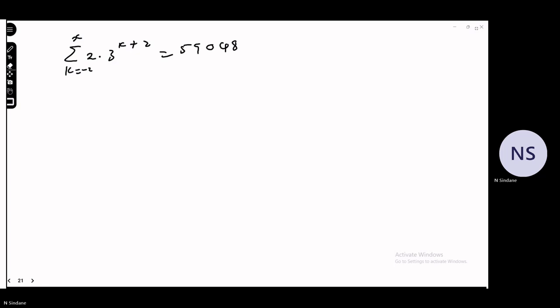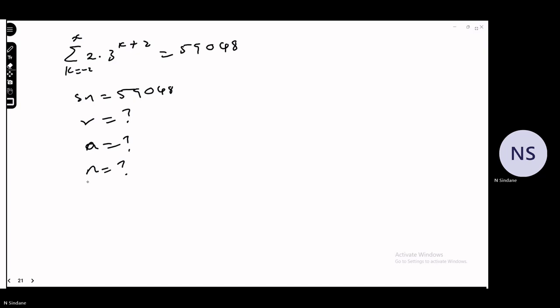But we can't calculate the value of x if we don't know the value of a and if we don't know the value of r. So we're given Sn is equal to 59048. R, we don't know. And a, we don't know. N, we don't know. But these two we can calculate. After calculating these two, we can calculate n.